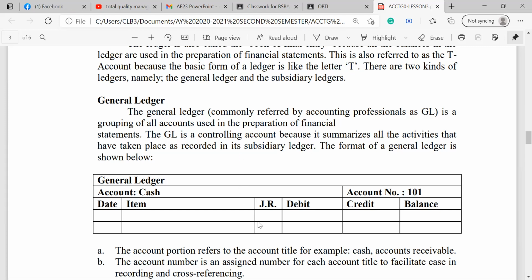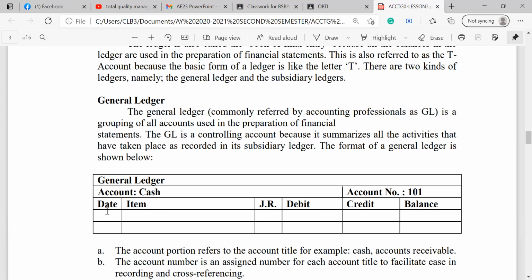So, dito naman, ito yung minsan ginagamit din po ng iba. So, here, naka-identify anong account ba yung pinag-uusapan natin, anong account title. And then, yung account title na to, merong corresponding account number. So, kumbaga, ito yung pinaka-ID number ng account. Specific. Kung 101 yan, si cash yan.